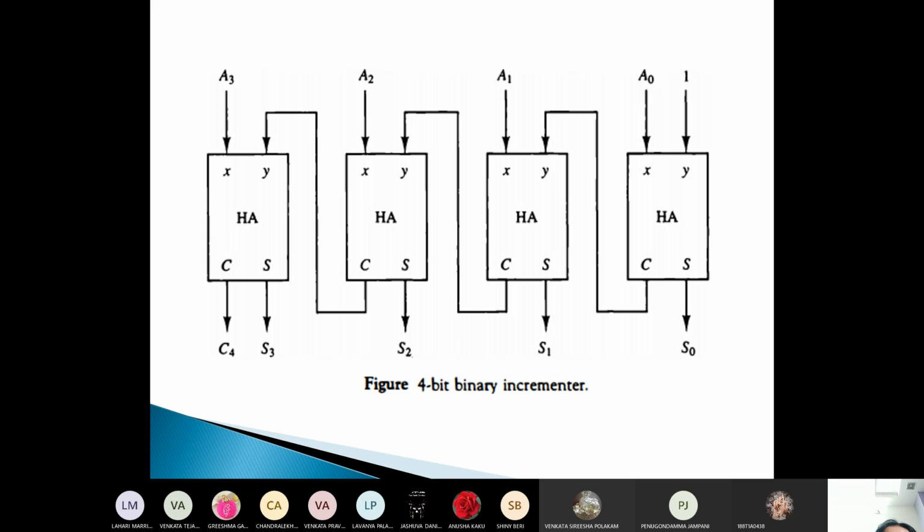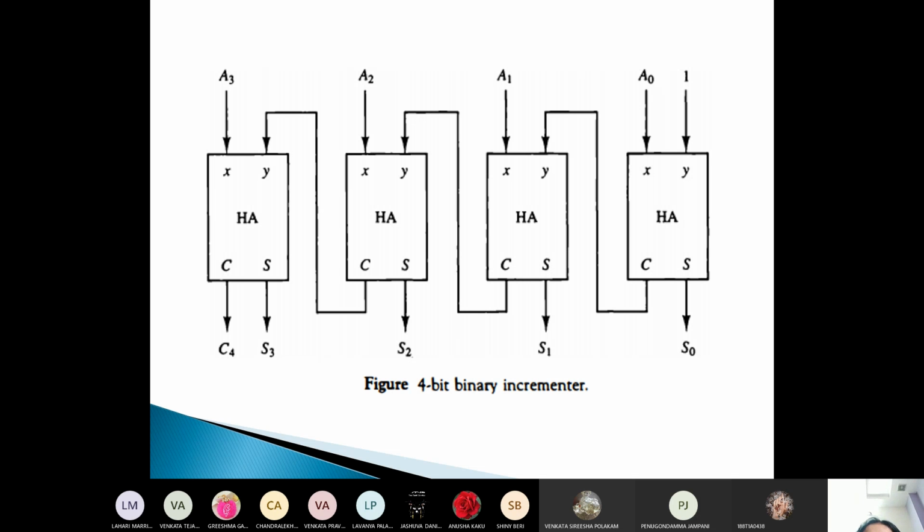The circuit receives the 4 bits from A0 through A3, adds one to it, and generates the incremented output S0 through S3. The output carry C4 will be 1 only after incrementing binary 1111, which causes all 0s in the outputs S3 to S0. The circuit diagram can be extended to an n-bit binary incrementer by extending the diagram to include n half adders.